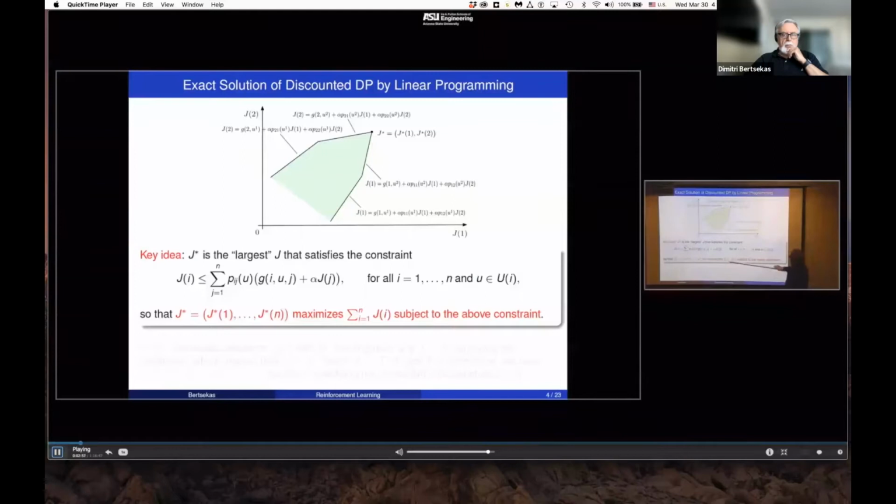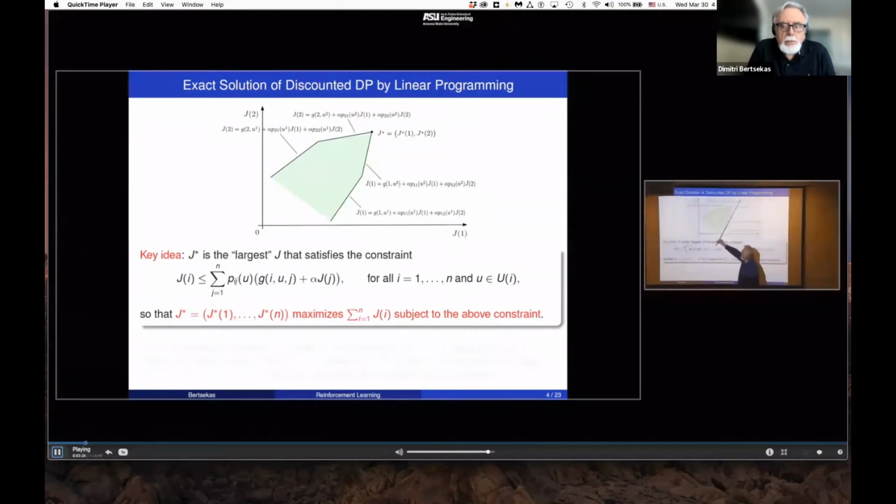Now let's look at an inequality of this type, involving i equals 1 and control u1, state 1, control 1. This hyperplane defines a line, and the vectors that satisfy this inequality are on the green side of this line.